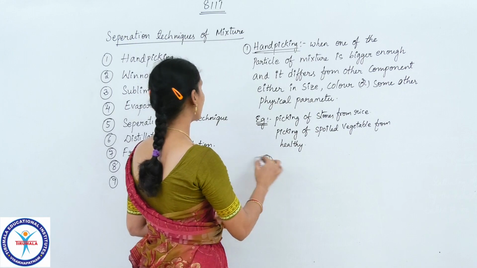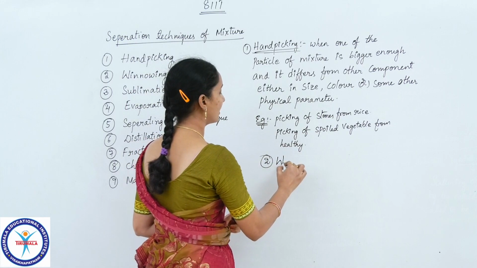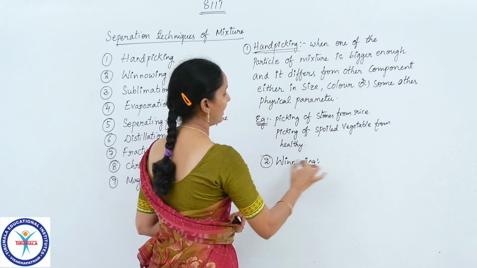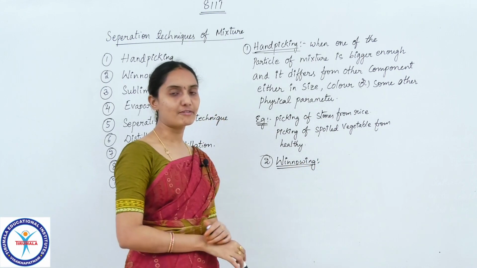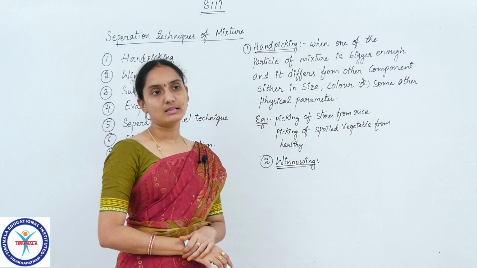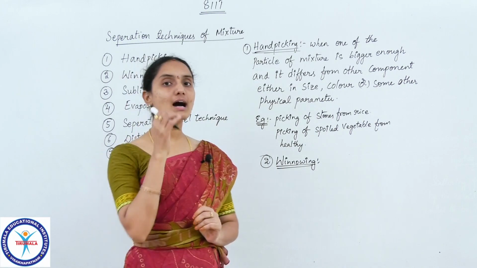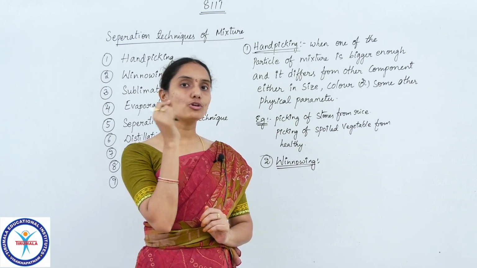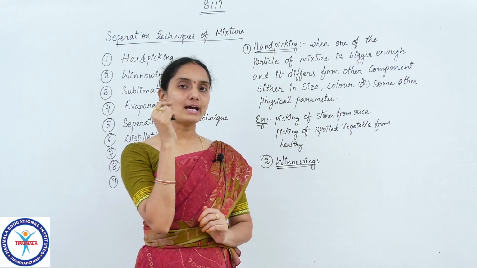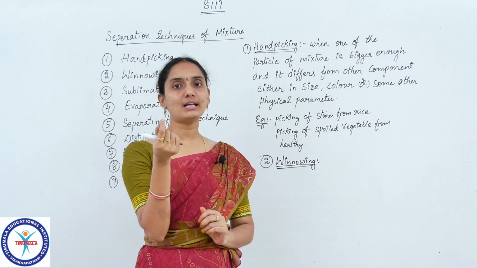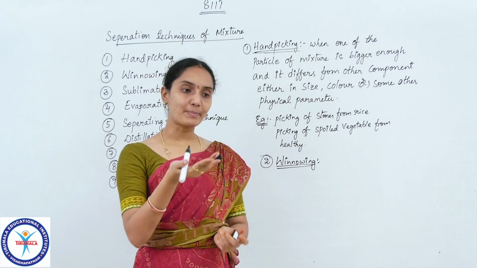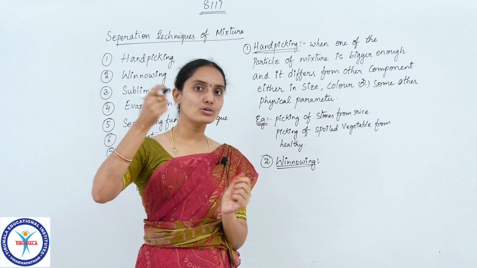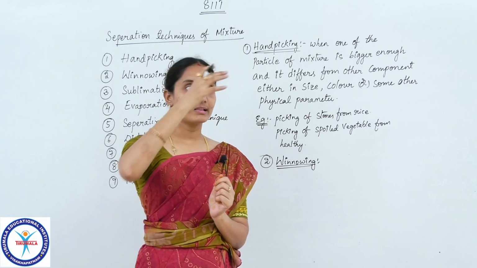And the second important separation technique is winnowing. This was observed in earlier days, where they used to separate the husk from grains. Generally the grains have a layer of coating which you call husk on them, and it is very lightweight. To separate the husk from wheat, they used the flow of wind.